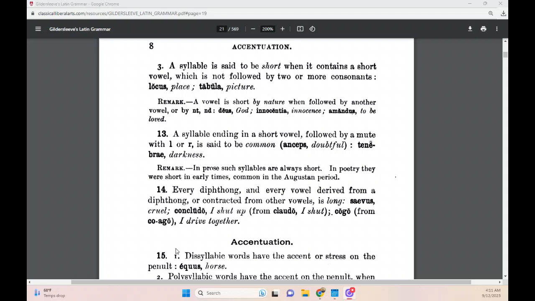You might need to go through the lesson a couple of times, but study these rules in Articles 12, 13, and 14 for mastery, and make sure at this point, by the time you're done with this lesson, that you can divide a word into syllables and tell whether each syllable is long or short.